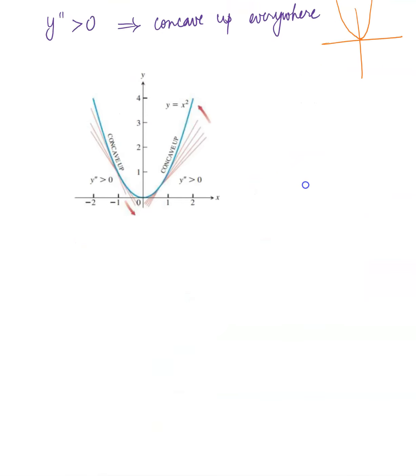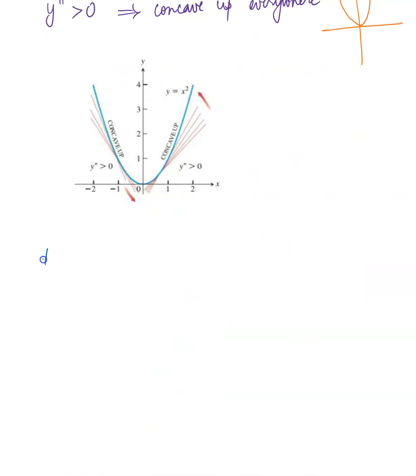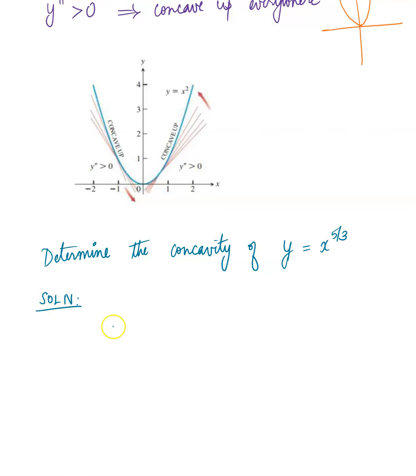So our next question then is, determine the concavity of y equals x power 5 over 3. You don't immediately remember or recall what the shape of this could be. So this is a good example for us then to understand the concavity from algebra.